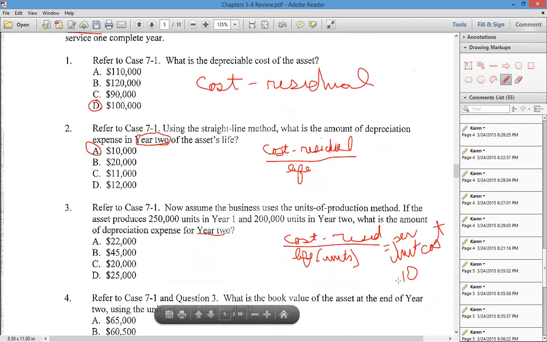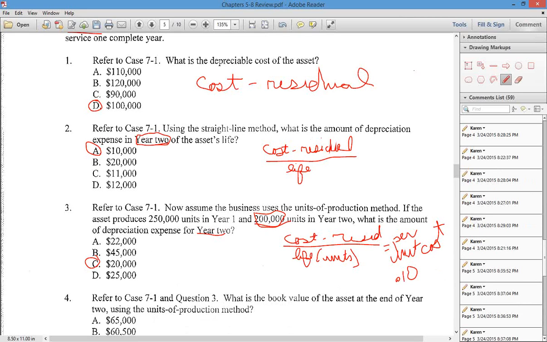With my 10 cents per unit then, in year 2, we used 200,000 units. So 200,000 times 10 cents is going to be 20,000.